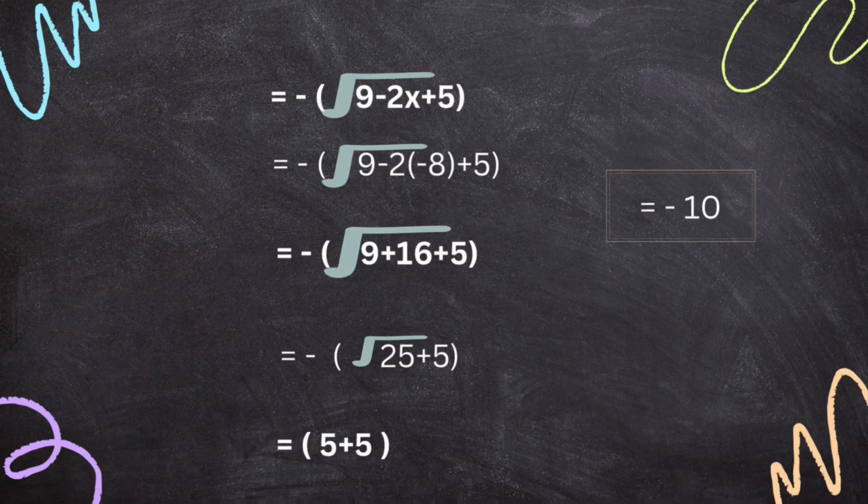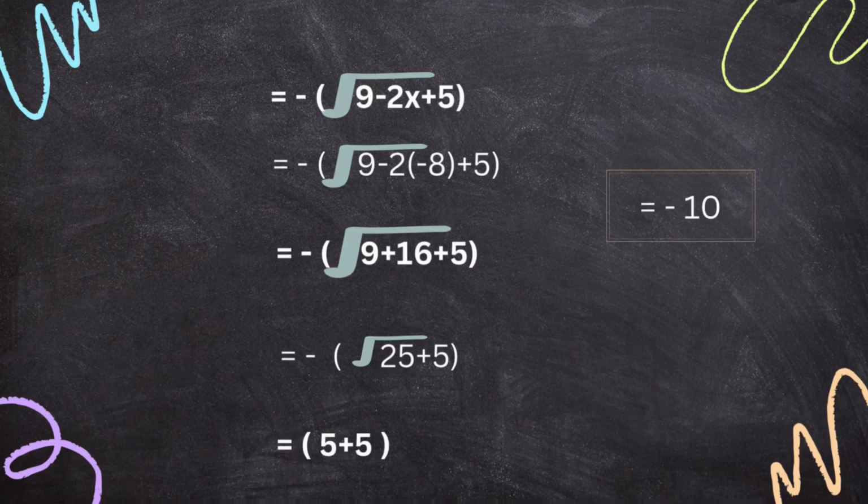And now, let's substitute the given value of x, which is negative 8, to all the variables x we have in the given. And it would be negative the square root of 9 minus 2 times negative 8 plus 5. And simplify it. Just bring down 9. Negative 2 times negative 8 is equal to positive 16.